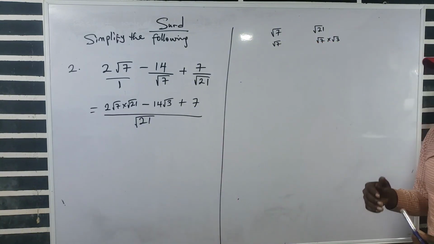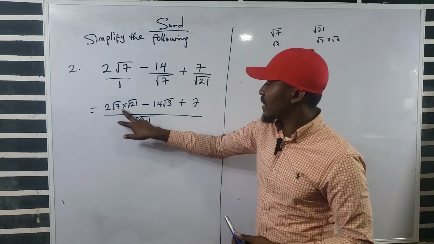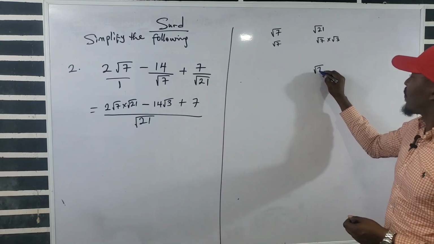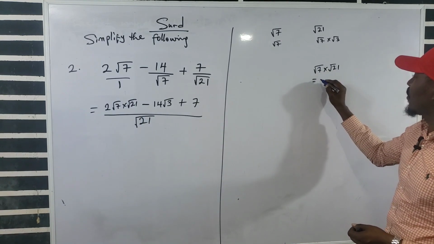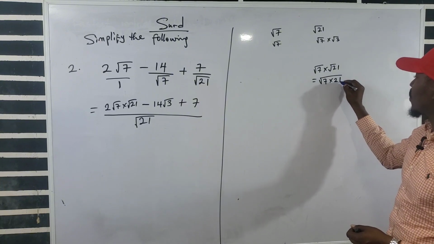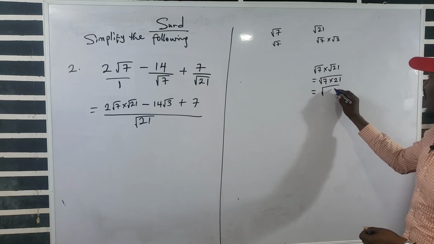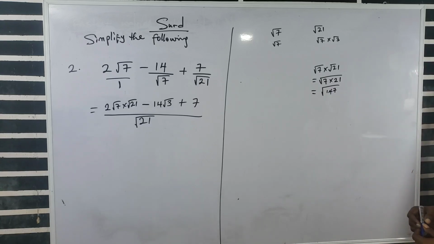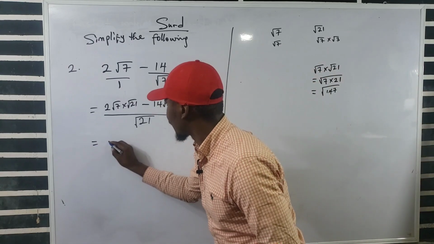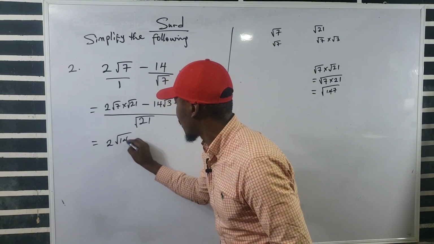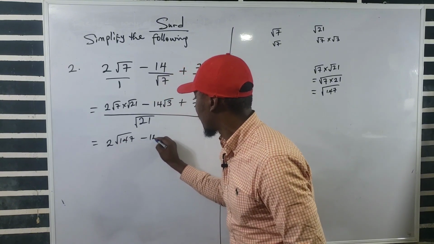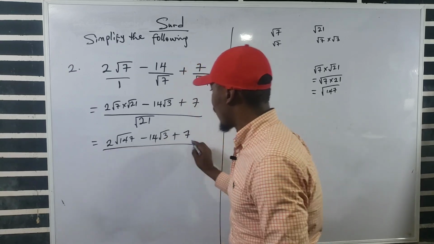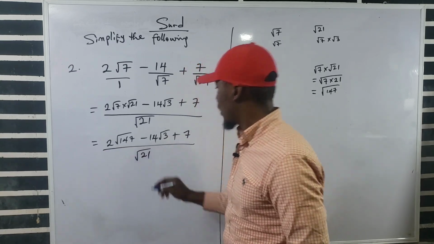Okay, now we have something here, which is sort 7 times what? Sort 21. Let us take care of that and see what we have. Sort 7 times sort 21 will give you sort 7 times 21. That will give you 7 times this is 7. 7 times this is 1, 4. Okay. So we have 1, 4, 7. So that will give us 2, 1, 4, 7 minus 14 sort 3 plus 7 all over sort 21.